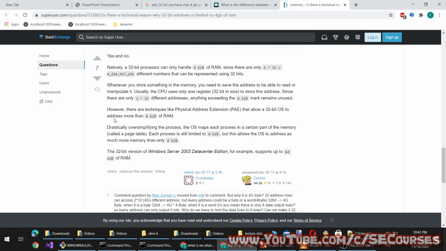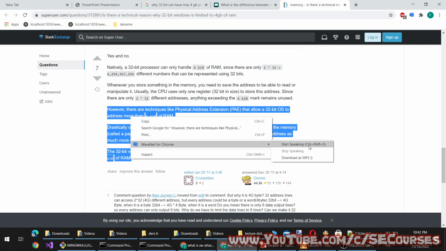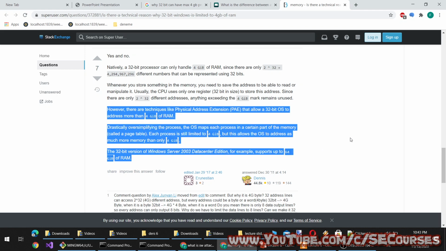Okay. So there is another important piece of information here. However, there are techniques like physical address extension (PAE) that allow a 32-bit OS to address more than 4 GB of RAM. Drastically oversimplifying the process, the OS maps each process in a certain part of the memory, called a page table.